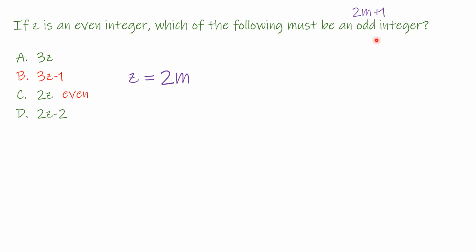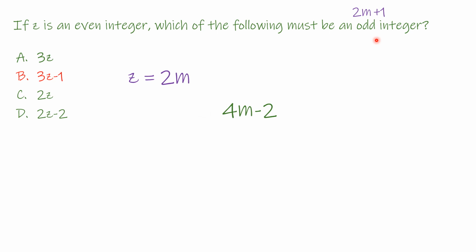So we're going to try the D. D is 2z minus 2. Let us check if z equals 2m becomes an odd. Let us replace the z with 2m. All right, then we're going to simplify this. We have 2 times 2m, so that's 4m.